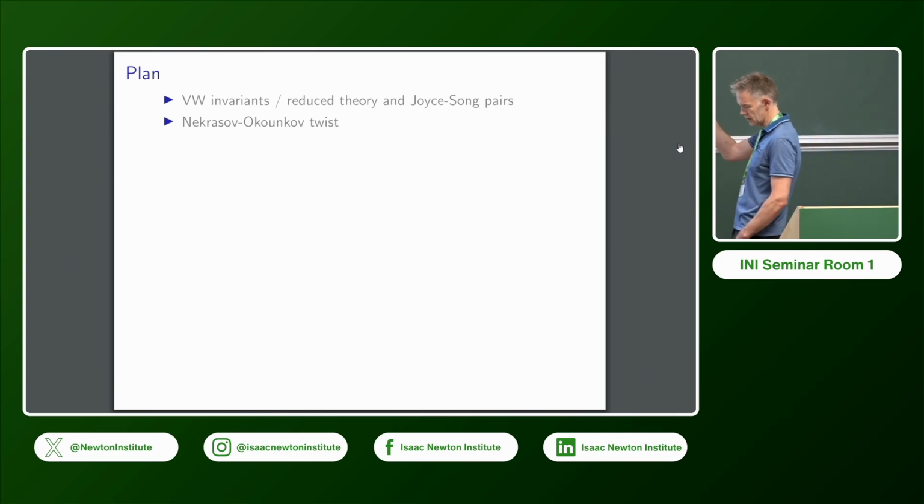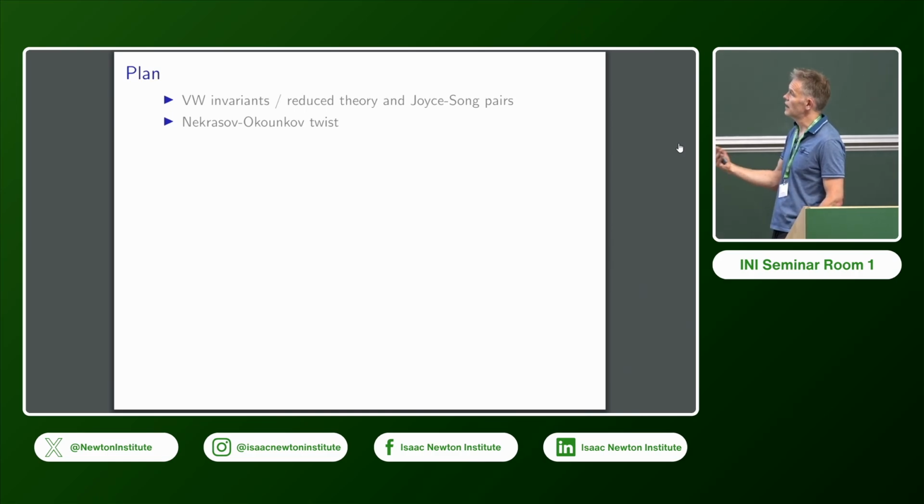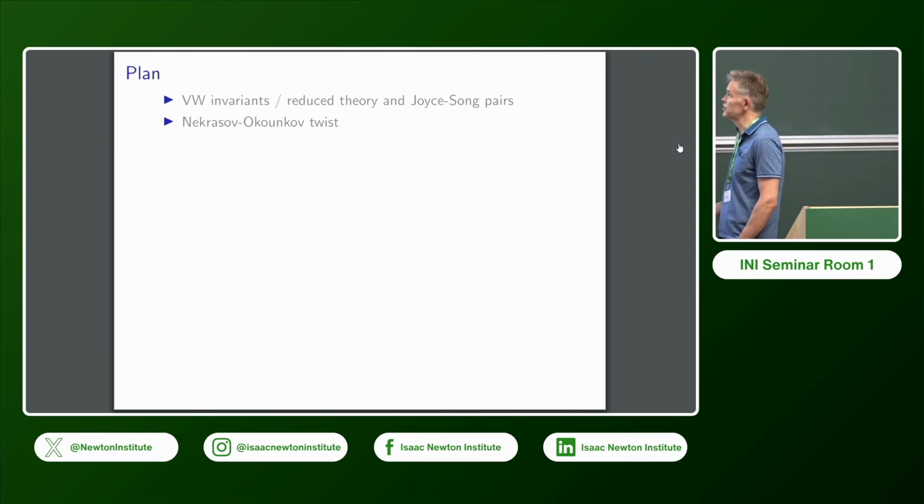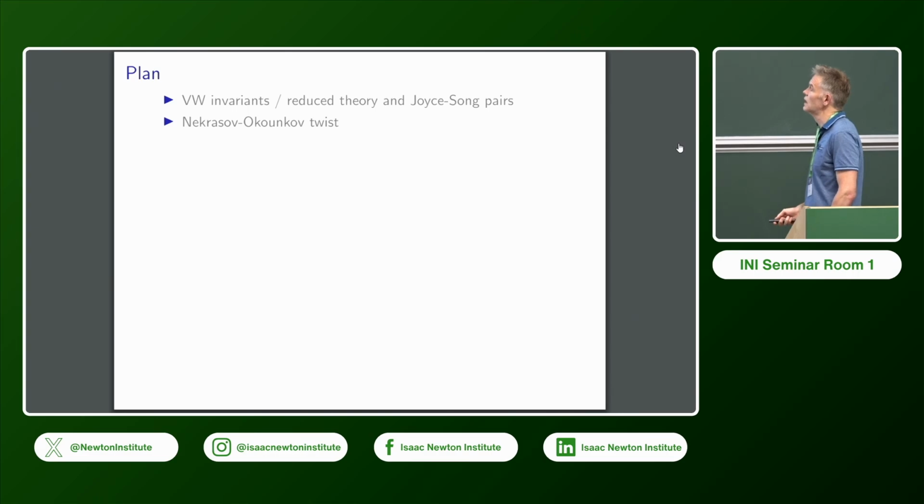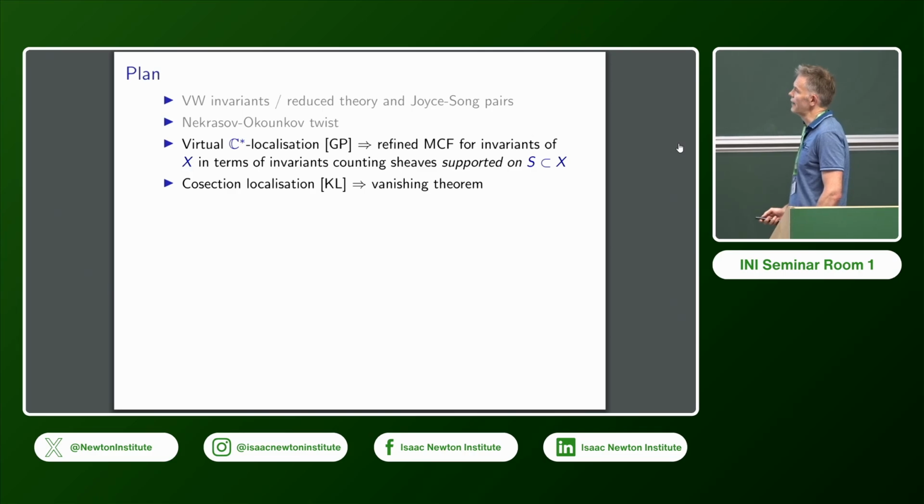So the thing we use is Joyce-Song pairs. You pick certain sections of your sheaves, and that gets rid of the automorphisms. And then counting those gives you a way of counting the semi-stable sheaves. I'll also briefly review this Nekrasov-Okounkov twist. And then I'll get into how we actually do the computations.